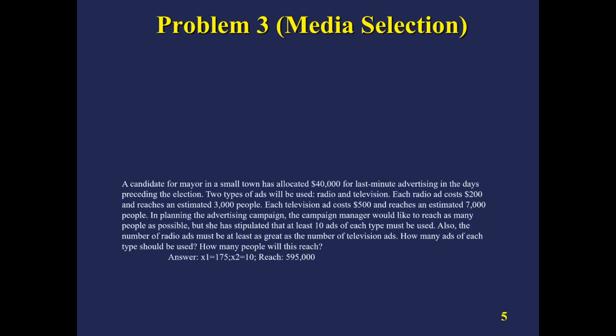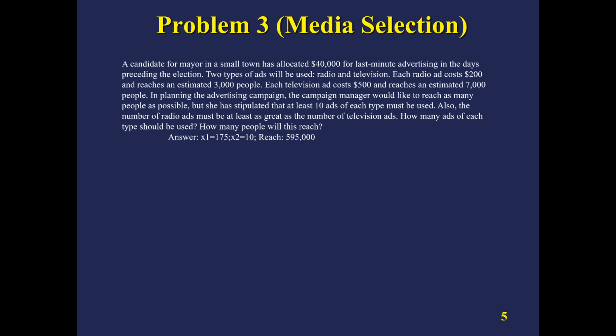Okay, let's continue. Another problem, problem 3, media selection. A candidate for mayor in a small town has allocated $40,000 for last minute advertising in the days preceding the election. Two types of ads will be used: radio and television. Each radio ad costs $200 and reaches an estimated 3,000 people. Each television ad costs $500 and reaches an estimated 7,000 people.